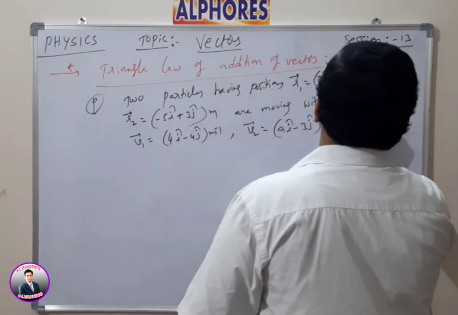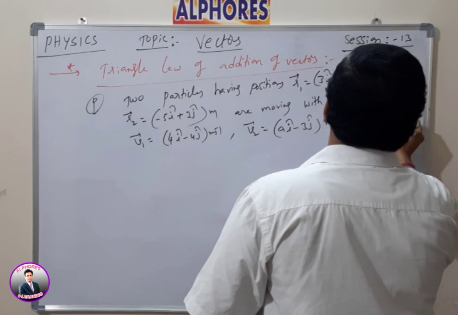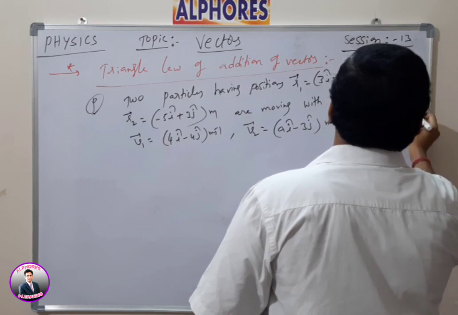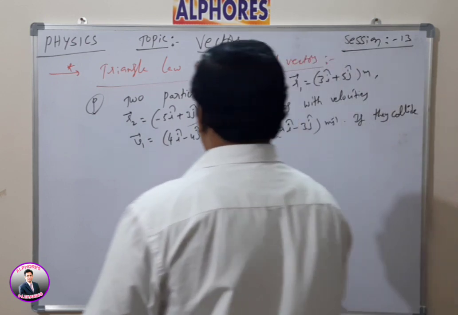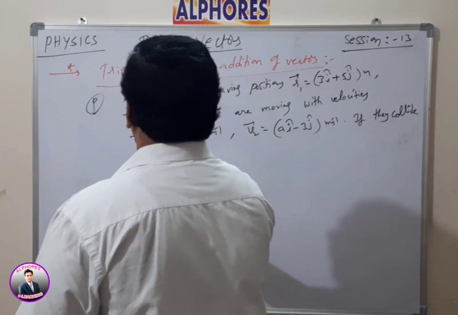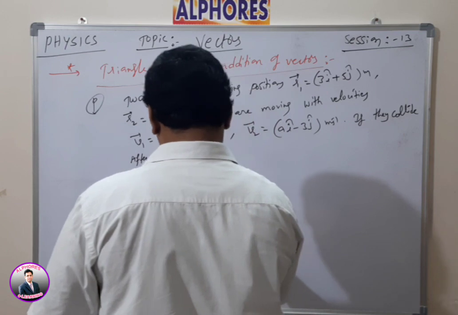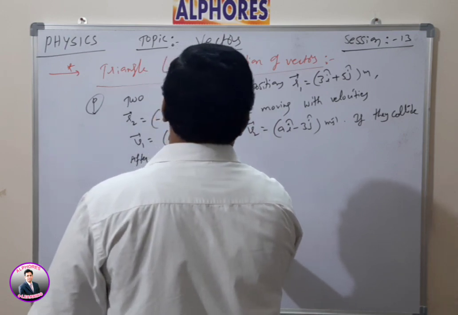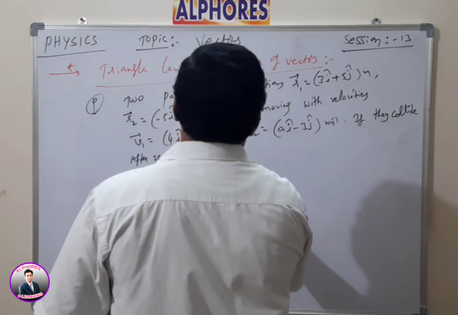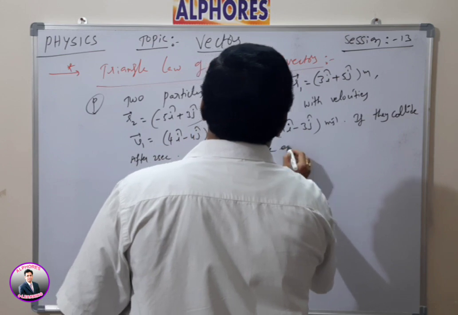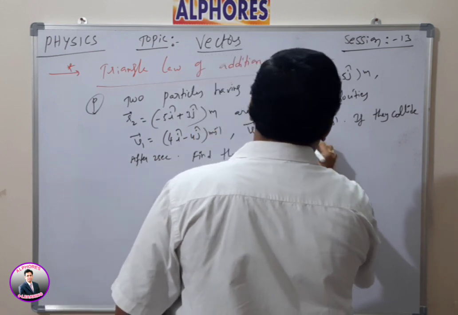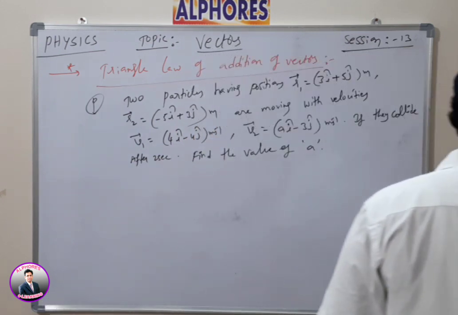If they collide after 2 seconds, find the value of small a.